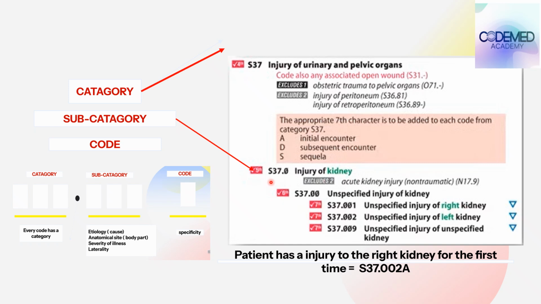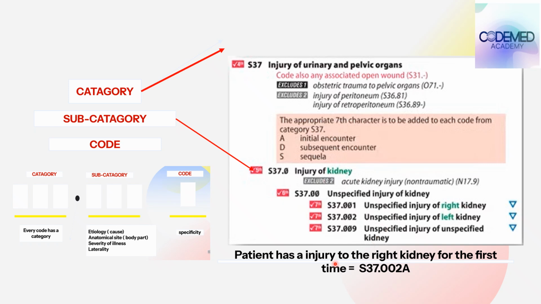But here again there is the instruction that this particular code has a fifth digit, so I come here. Now after writing this code there is also a requirement of the sixth digit, so I add the sixth digit. And here there is a 7th digit, so where is the 7th digit? Here you will see the instruction box where it is written that the appropriate 7th character is to be added to each code from category S37.